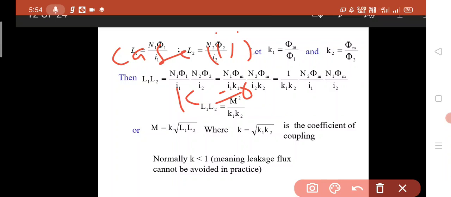So when K is equal to 0, M is equal to 0. Normally K is less than 1, meaning leakage flux cannot be avoided in practice.